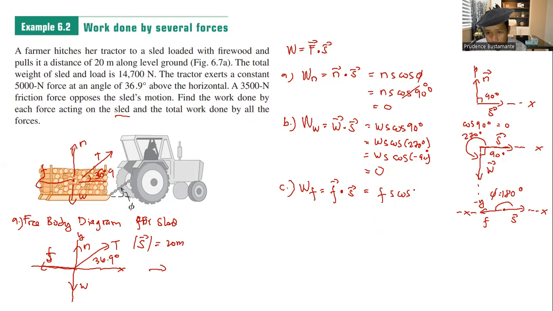We know that cosine of 180 degrees is just negative 1.